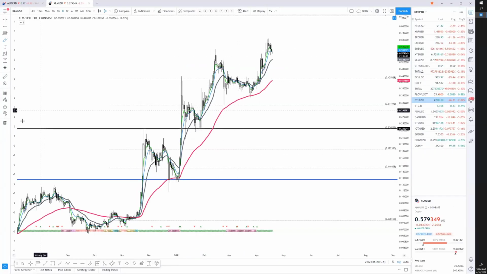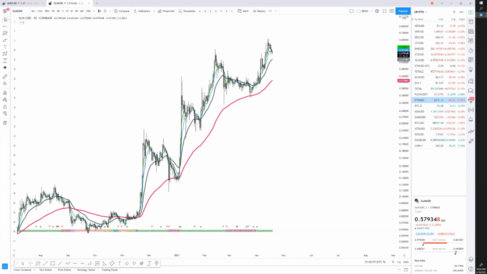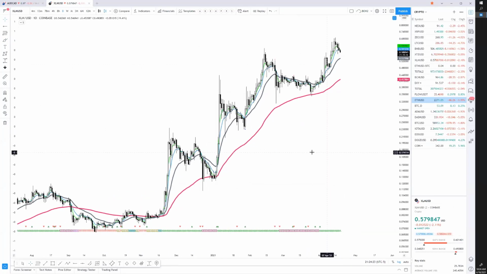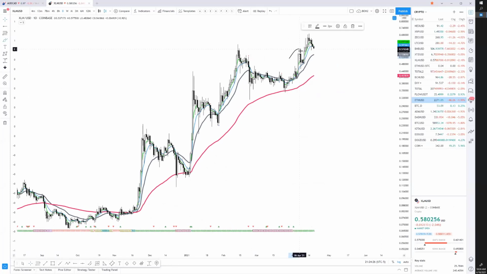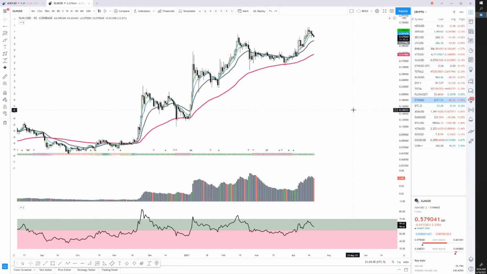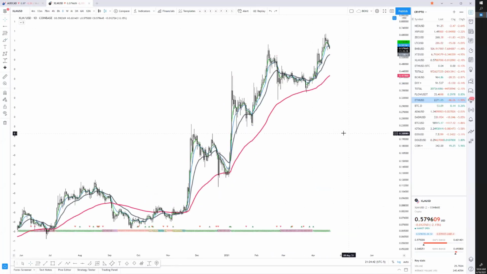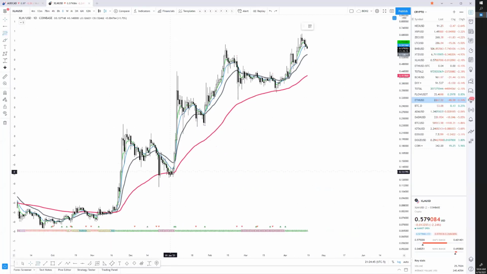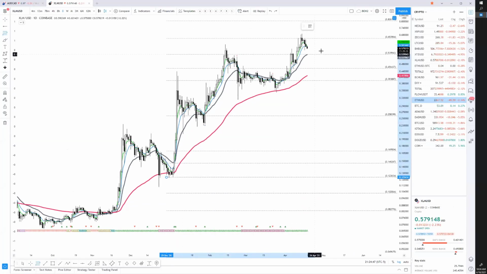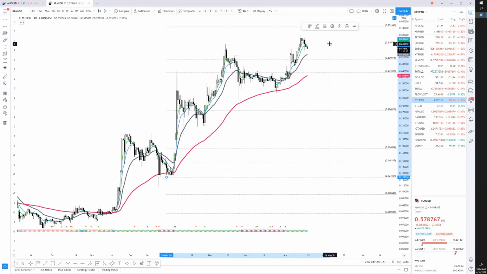So XLM USD, nagkaroon ng variation versus yung Bison na fractal script ko, instead of it forming a lower high here like I was expecting and undergoing a correction thereafter, it has formed a higher high. But that's not confirmed by momentum at all. So meron divergence here, higher high here, but it doesn't change yung risk sa kanya na magkaroon siya ng deeper correction on the rollover ng May and June.